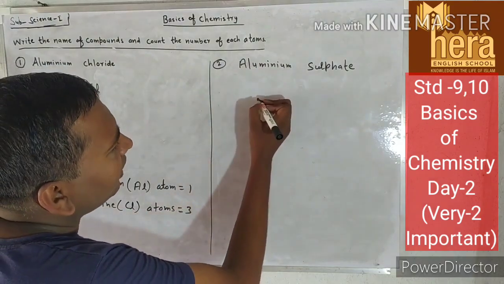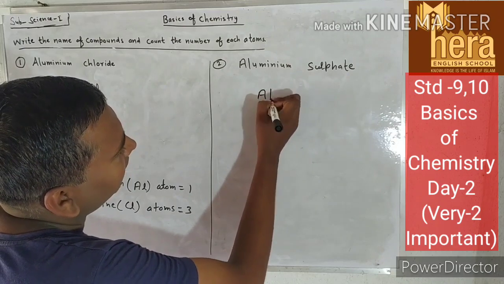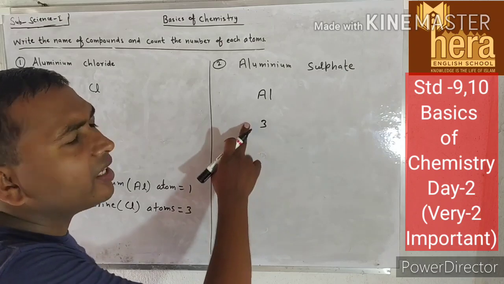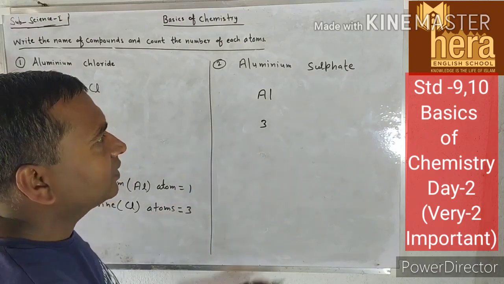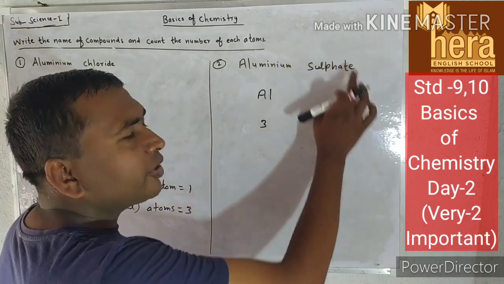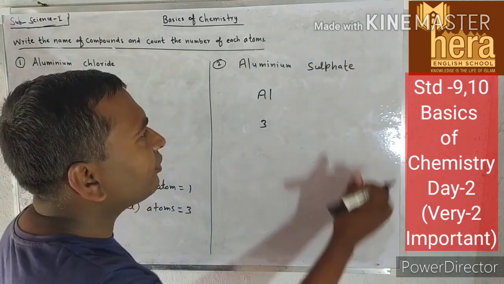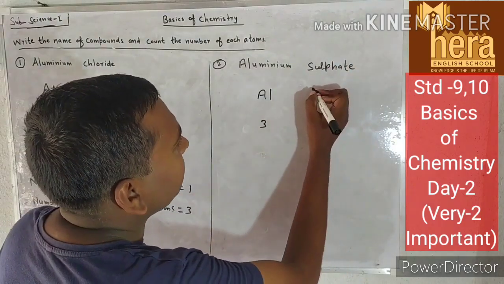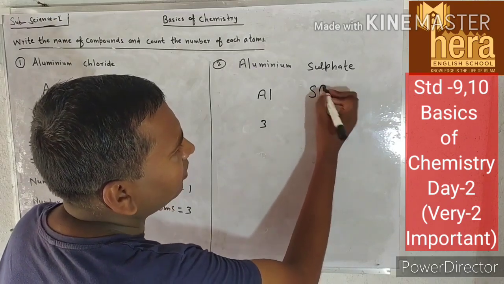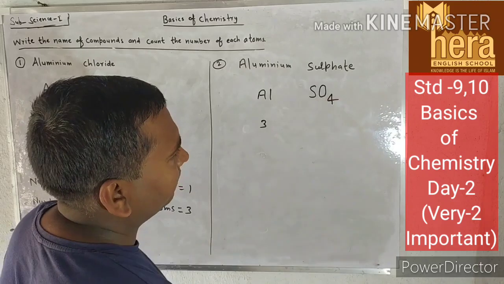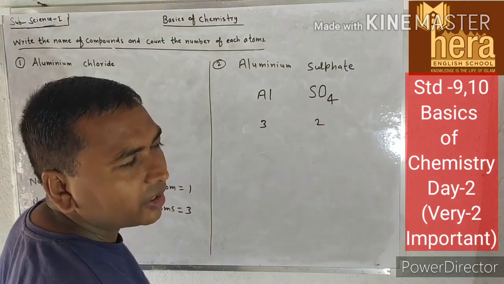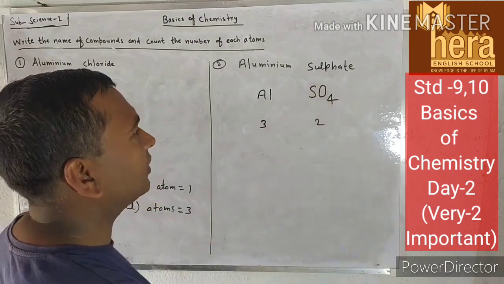Its symbol is Al and again its valency is 3. You can check in table number 3. Sulfate, second part you will find in table number 4. Sulfate symbol is capital S, capital O and 4. Its valency will be 2. You can check in table number 4.